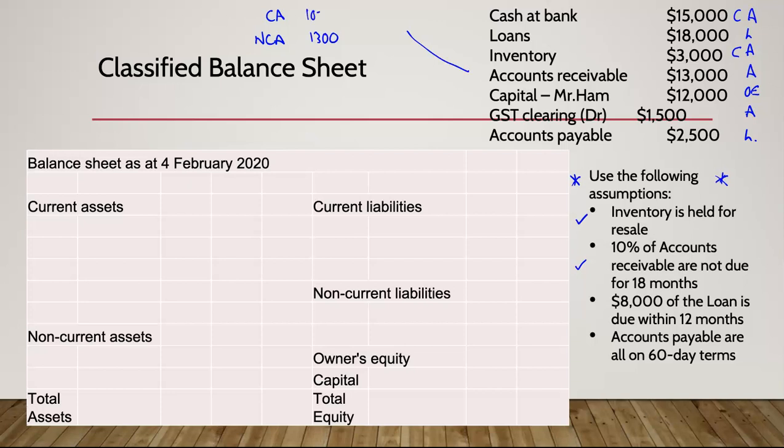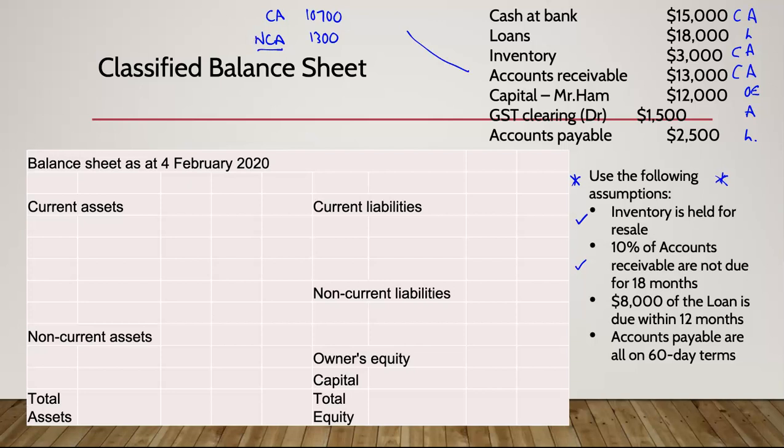The remainder, $10,700, is going to be paid within the 12 months. Accounts receivable almost always a current asset, but here, let's just remember we have a little bit to add there.